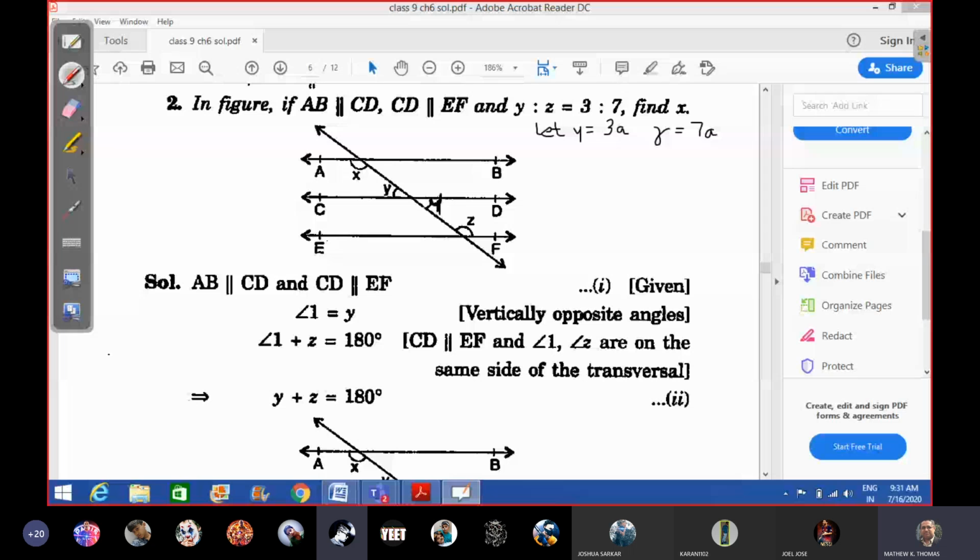So we've got AB parallel to CD and CD parallel to EF. So what is the conclusion?